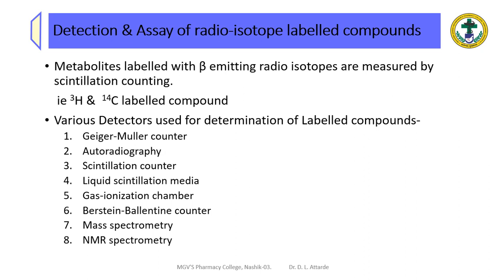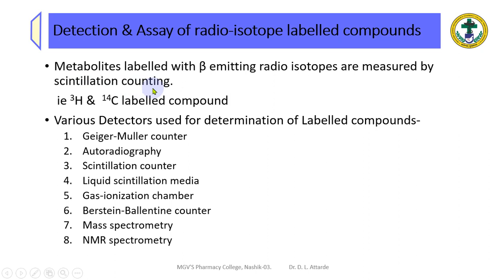Now, detection and assay of radioisotope labeled compounds. The radioisotopes which are administered undergo metabolic processes, and different metabolites form, a different array of compounds. Your next process is to isolate the compound and to detect whether that activity is present in the isolated metabolite or not. One of the important parts is scintillation counting.